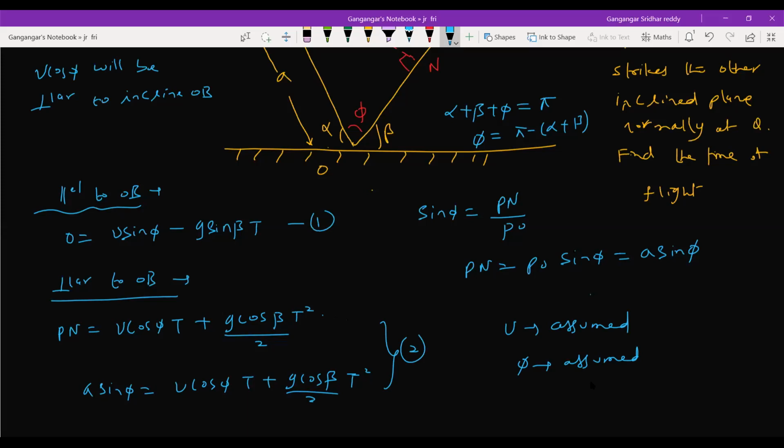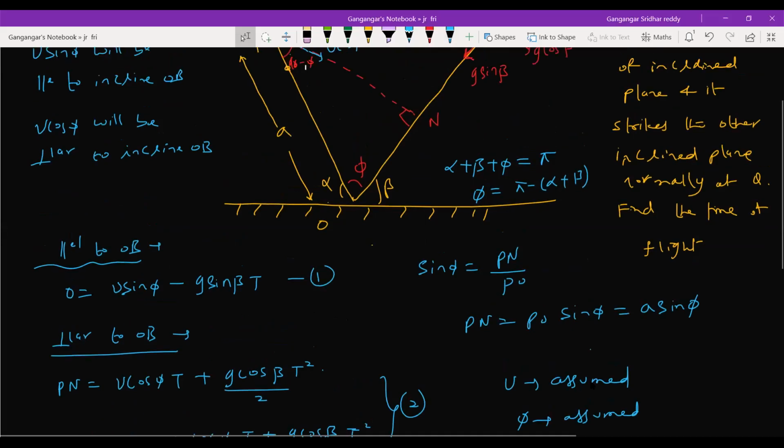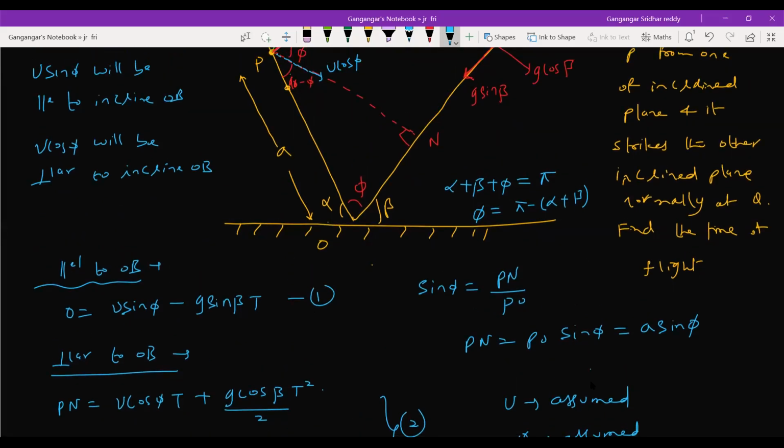It should be g cos beta, no? First equation, sir. First equation g sin beta t by 2. V is equal to u minus at, correct, sir? g sin beta is a retardation, and u sin phi is the velocity. Okay. Yes.